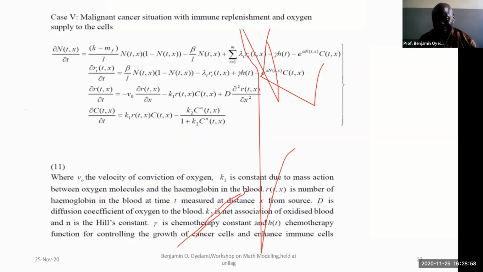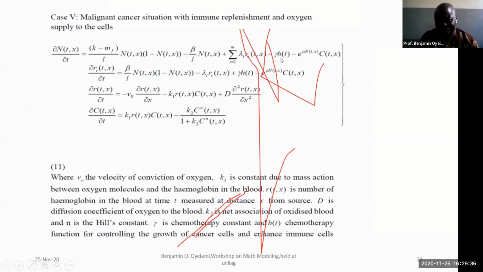But at the same time, if you cut off oxygen from the disease, and oxygen is cut off from the normal cell, it can also lead to death, because oxygen is also needed in the body for metabolic activities. So one way of control in the model is the presence of oxygen. And I told you that there are drugs that can do that, but it must be targeted so that it will not affect the normal cells.